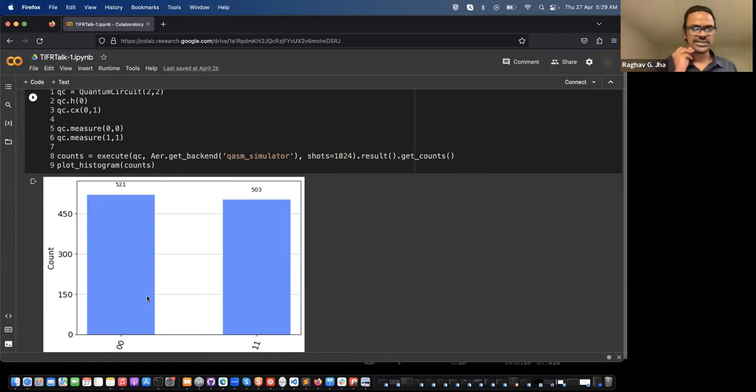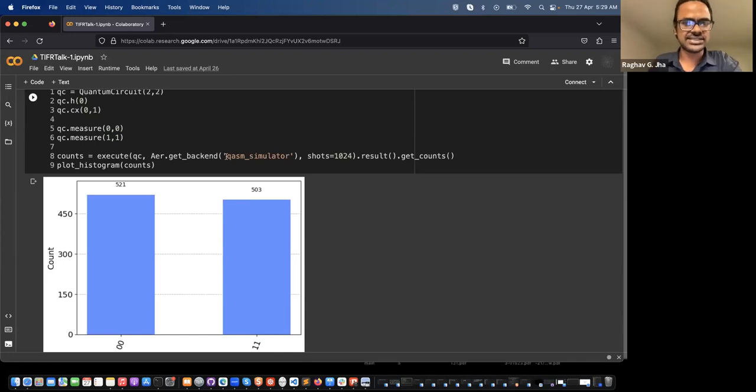And that's exactly what it is. If you measure them, half of the times you get, well, you should get ideally 512. There are some errors because obviously this is noisy and it's a simulator. So if you want to increase the number of shots, if I do this 8192 or 10,000 times, it will equate to a probability of 50 and 50. So that is what it is.